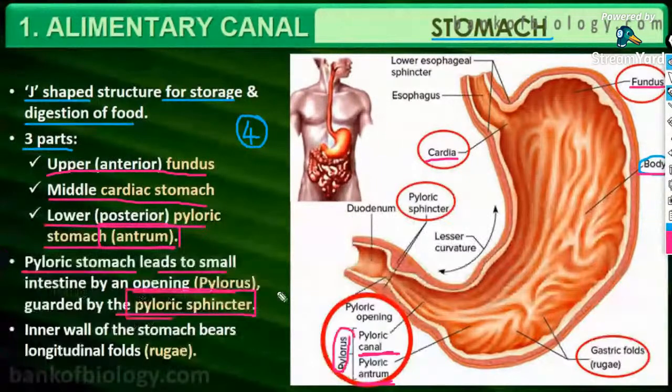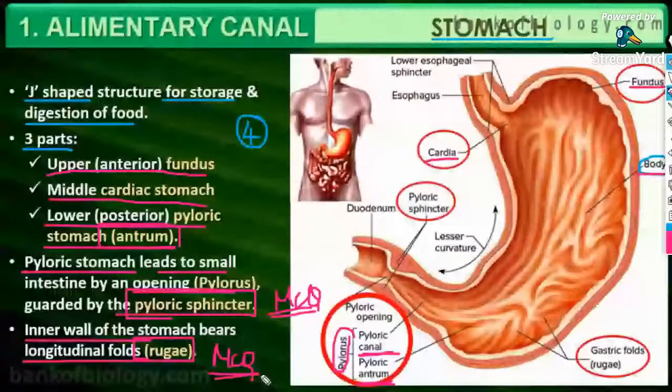Important MCQ. The inner wall of the stomach bears longitudinal folds called rugae. Important MCQ. Guys, can you just recollect and tell me what were the finger-like projections in the small intestine known as? Yes, absolutely.